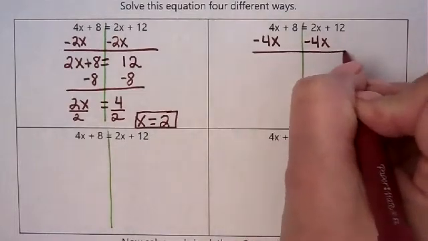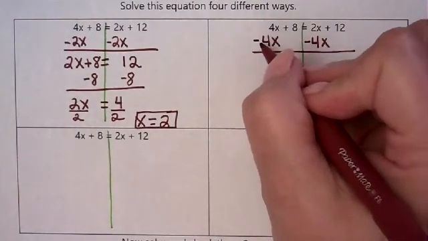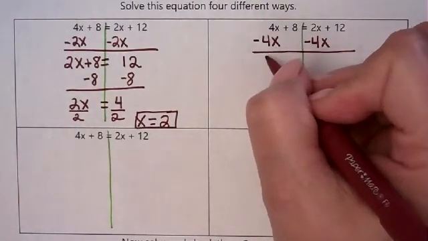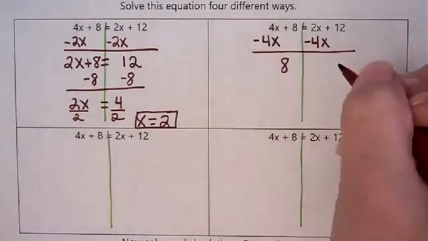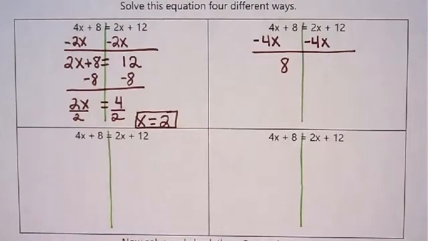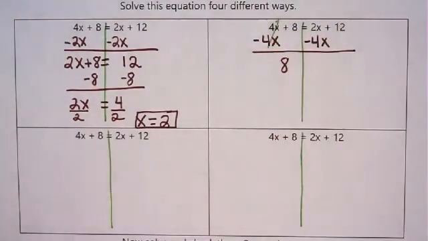Take a look. What's going to happen right there? Well, I'm going to have 4x minus 4x, which is 0, so it cancels out. And that means I bring down my 8. Okay? If you want to, you can just cancel it out.